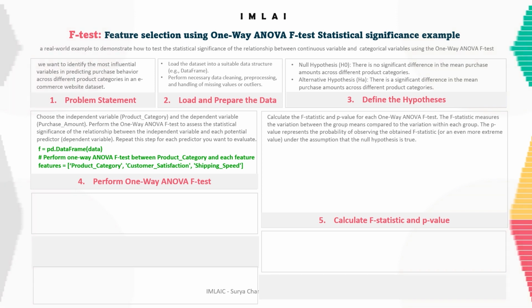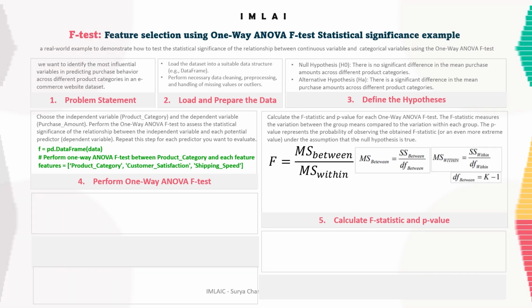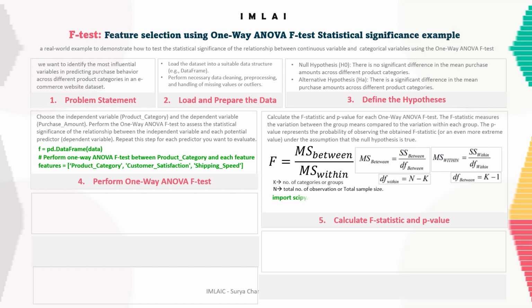The p-value represents the probability of observing the obtained F statistic, or an even more extreme value, under the assumption that the null hypothesis is true. This is the math of the statistic, as we have discussed earlier, and we also have the degrees of freedom here.